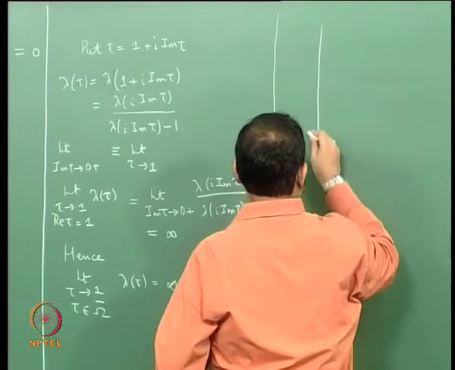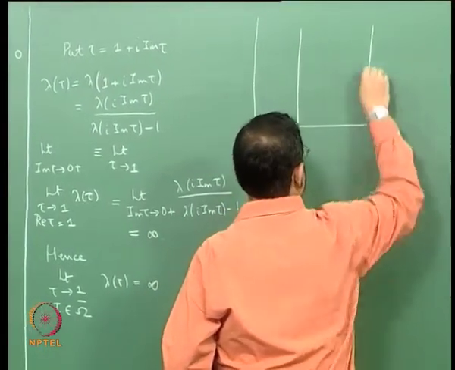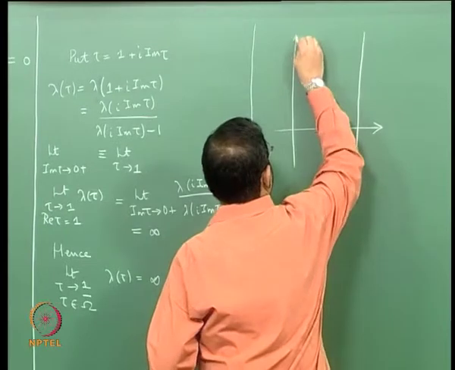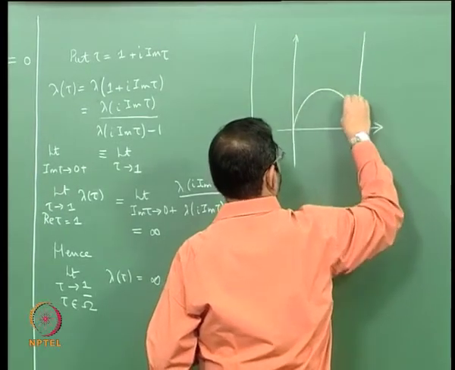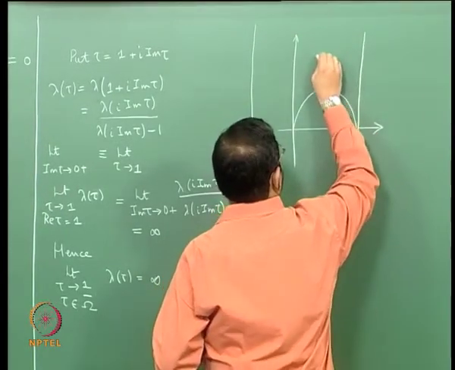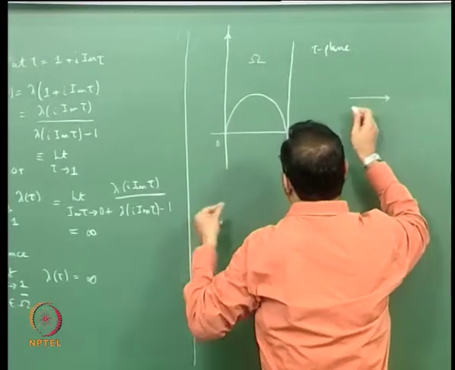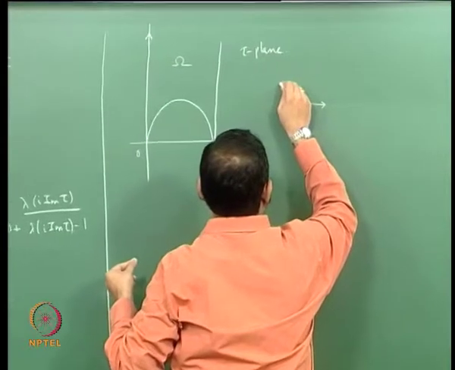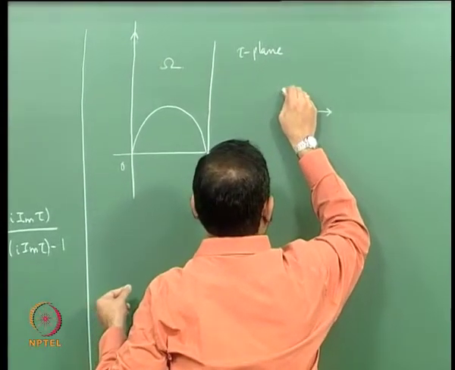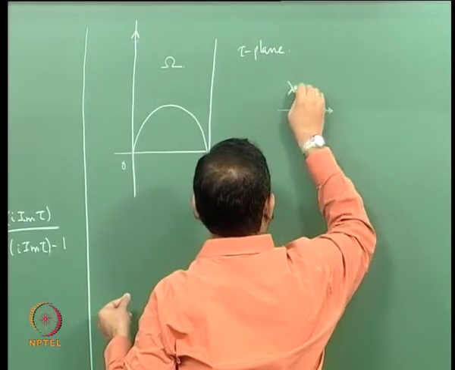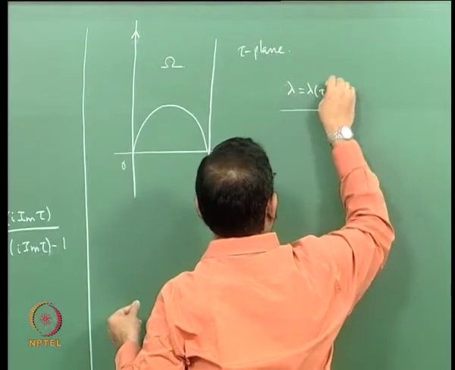Here let me draw the diagram once more. Here is omega. Let me preliminarily draw this diagram, and let me write this as lambda equal to lambda of tau.